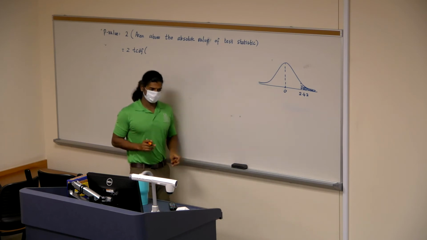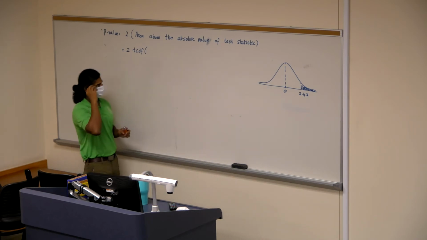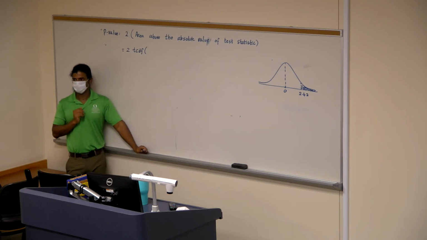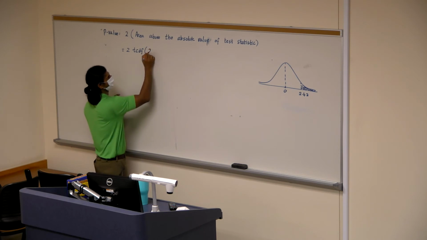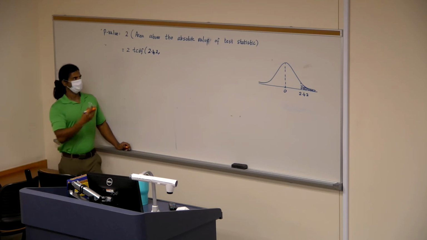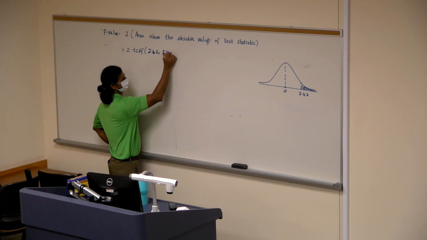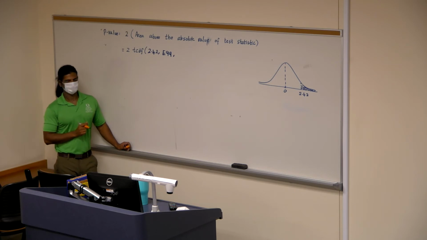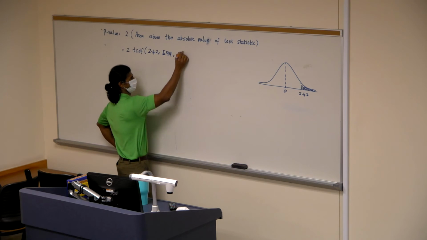And we want to find that area and multiply it by 2. So tcdf, where does the area start? 2.42. Where does it end? E99. What should be the next term? Degrees of freedom, which is 16.